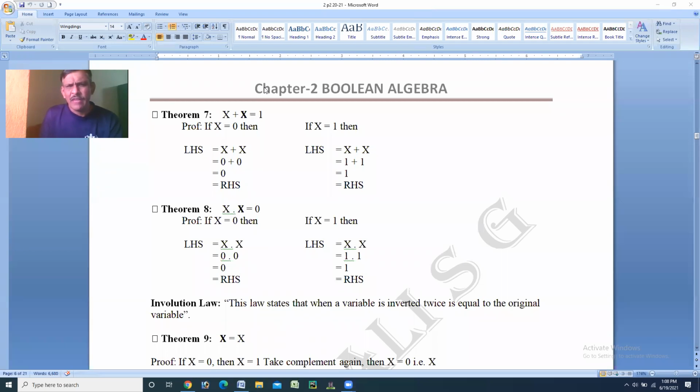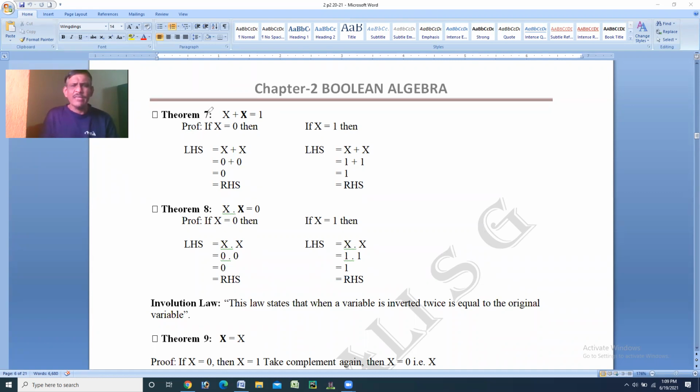It means we are starting with the first one now. If x plus x complement equals 1, then you can take, as usual, the LHS. So x plus x complement equals 1; take the LHS and check that.